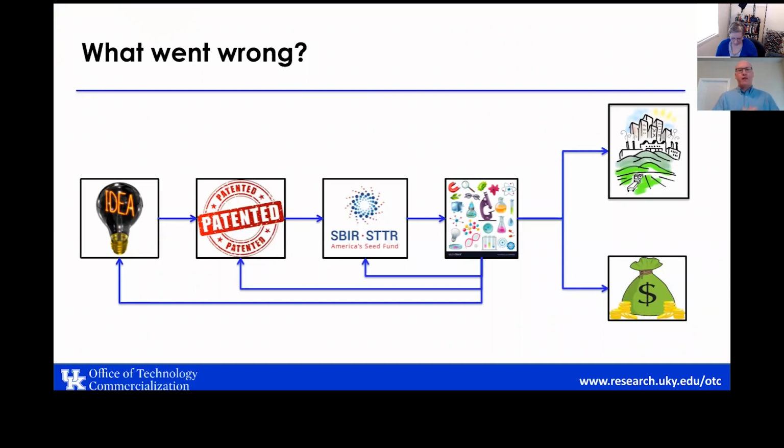So what really went wrong here was that the work in the SBIR and the work that you did around that SBIR, you didn't talk to the people out here that were going to be integral stakeholders in commercialization of this technology. You didn't talk to investors. You didn't talk to corporates. You started with your idea and you made a bunch of assumptions, whether you knew it or not, around the value of that idea and around what added value to that idea.